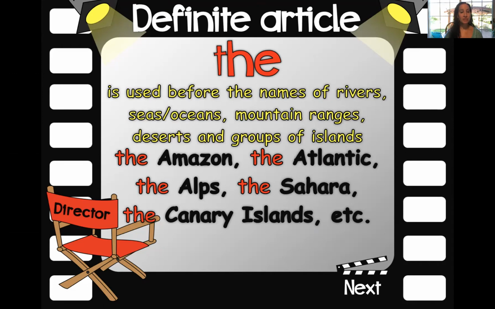So the Amazon is the name of a river. The Atlantic Ocean is the name of an ocean. The Alps is a mountain range. The Sahara is a desert, not a dessert, a desert. And a group of islands is the Canary Islands. Is it starting to make more sense now?